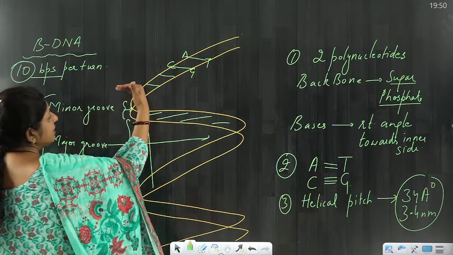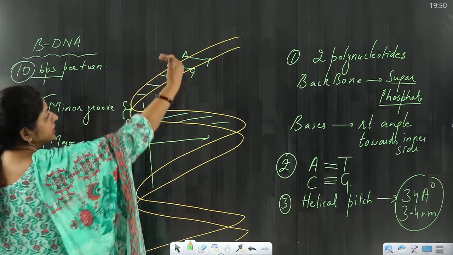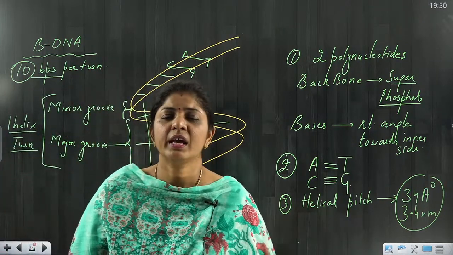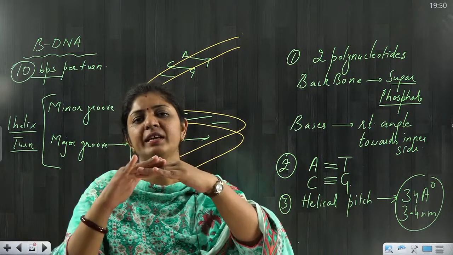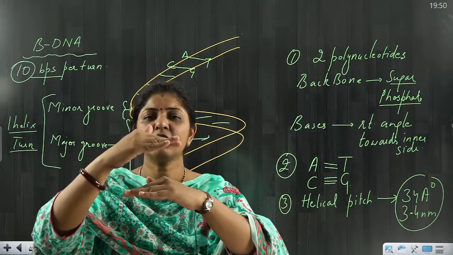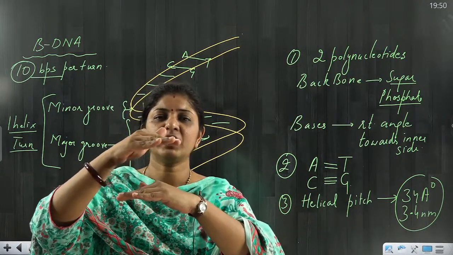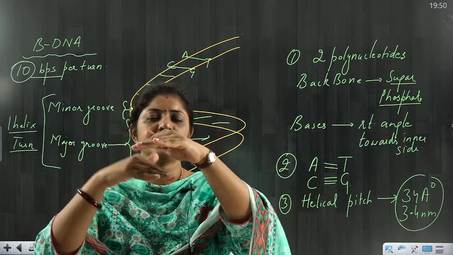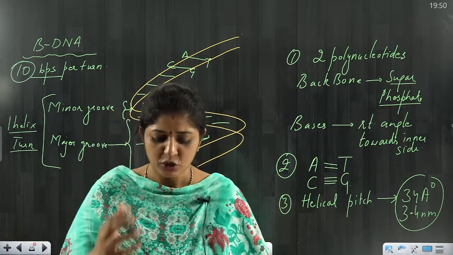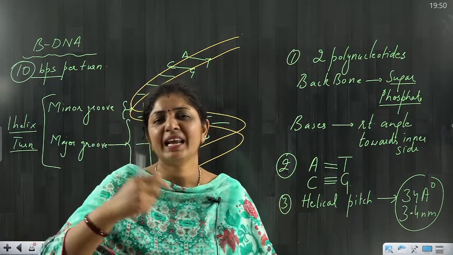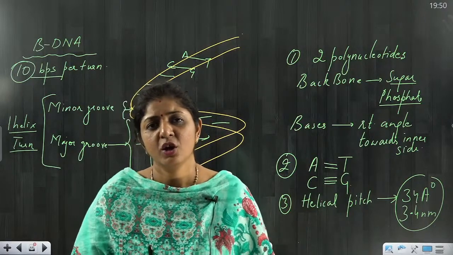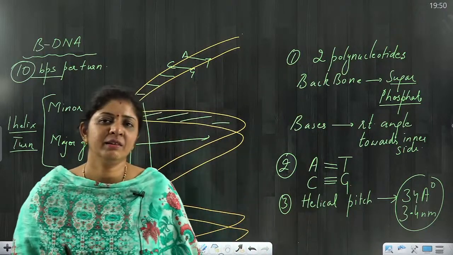Can I say one base pair is stacked upon another, one above the other? Now see here all of you, if I am taking one base pair like this, the second will stack on that, but not straight, at an angle of 36. Next is stacking on that at 36, next 36. So every base pair is piling upon each other at what angle? 36 degrees. Total how many base pairs are there? 10 base pairs.